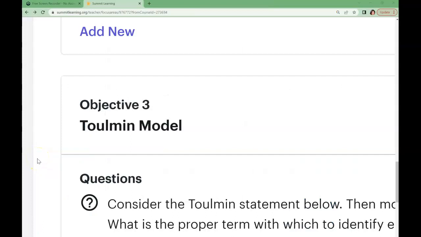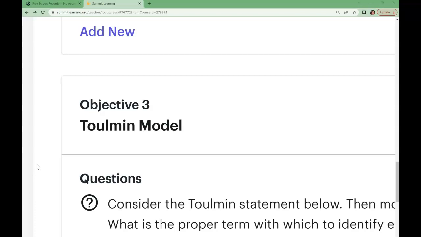All right. Excellent. Let's move to our third and final objective, which is the Toulmin model. Now, the Toulmin model developed in order to allow for what people are already doing, which is more complex argumentation that isn't so rigid. So for instance, if you think of deductive reasoning where you're having a major premise, a minor premise, and a conclusion, that doesn't allow for a lot of wiggle room.